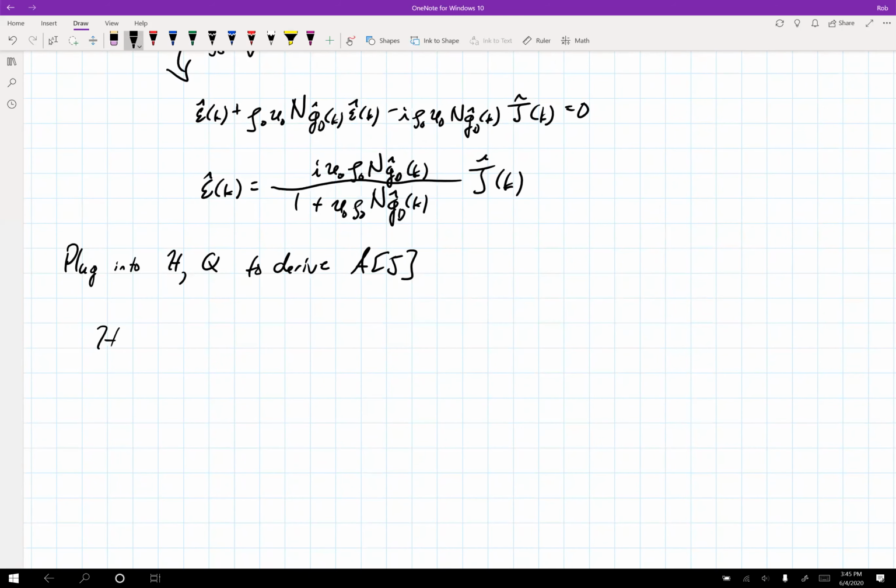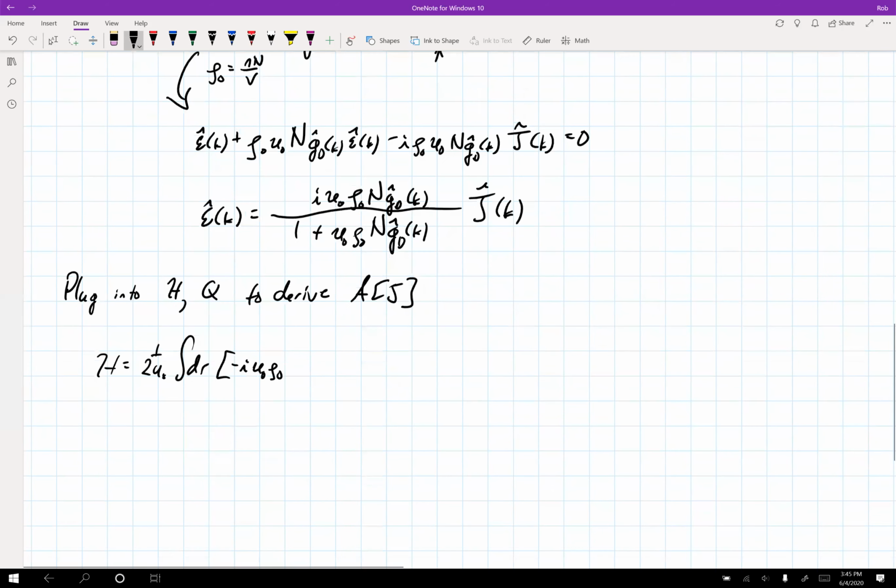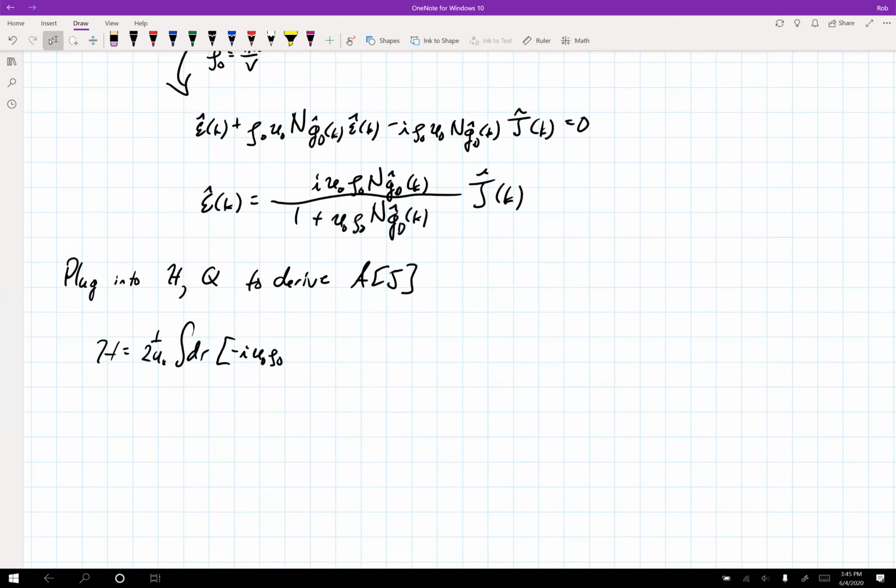All right, so first, let's write down our Hamiltonian. We have 1 over 2 u naught integral dr, and this is where the field w of r all squared goes. And so we have w star, which we've written above as minus i u naught rho naught, and then plus epsilon of r squared.